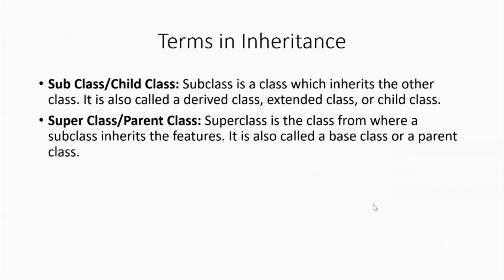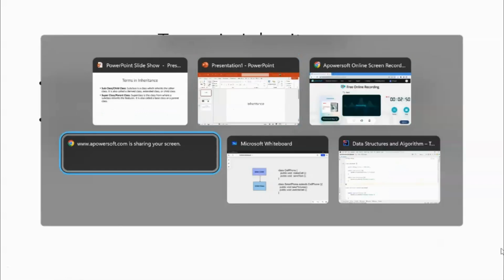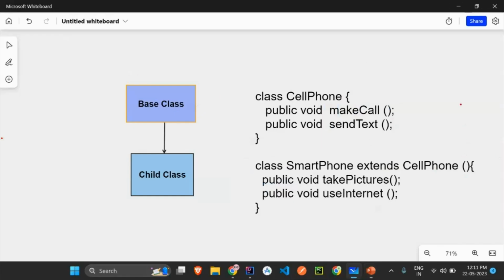I hope you have understood this, but let's understand this with more examples. Here you can see this is a base class and this is a child class. It means that the properties and behaviors of the base class will also be present in the child class.